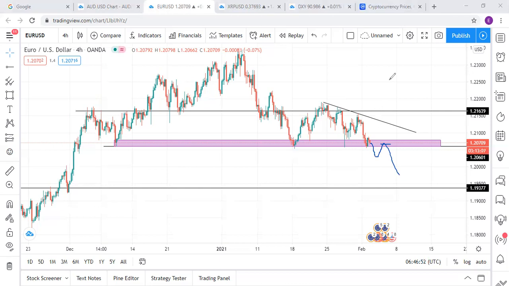Let me just give you an example of what I'm saying. Let's look at this area. I'm looking to pick this trade here.